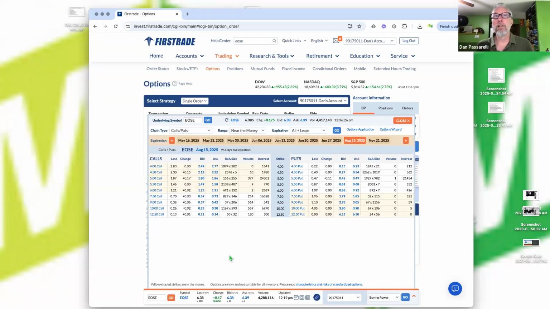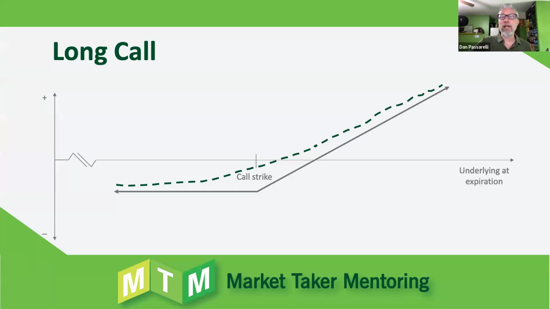My reward goes up if it only goes to 10, right? Because my break even, well, here, look. My break even at expiration with the long call, if I pay $1.30, is the 6 strike plus $1.30. This would be $7.30.